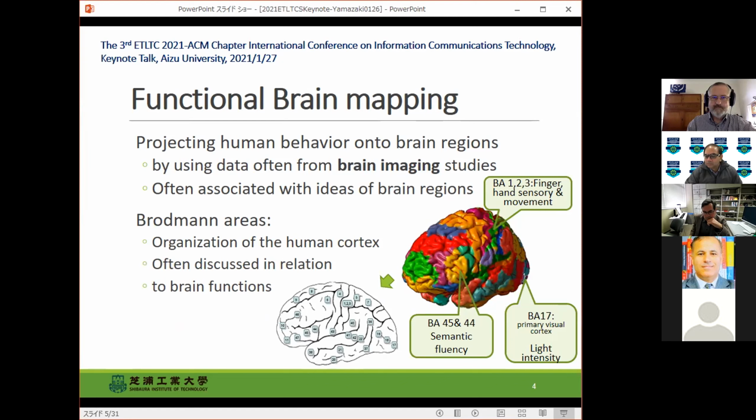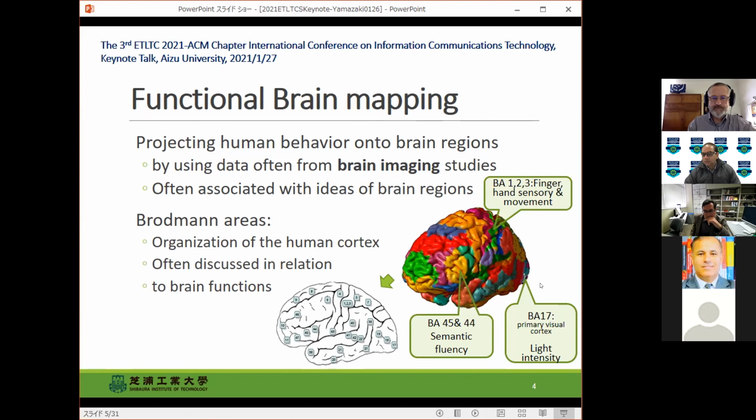But many researchers have found that this numbering corresponded to specific behaviors and brain tasks. For example, Brodmann areas 45 and 44 correspond to semantic fluency, and Brodmann areas 1 through 3 are associated with finger and hand sensory and movement.